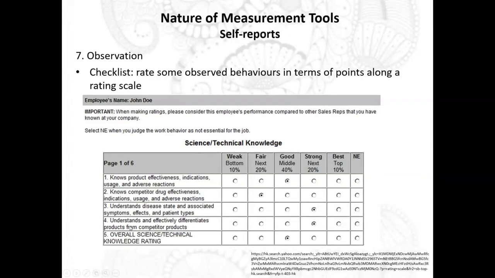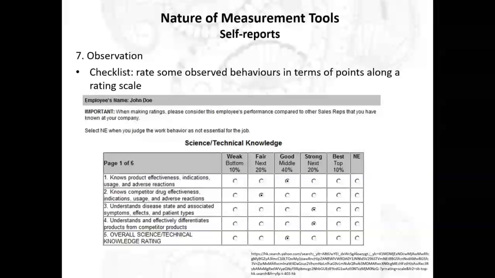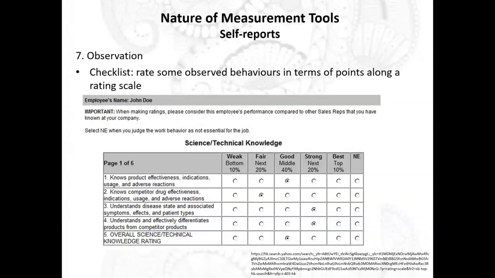There are some items here, and a Likert scale was used to rate the performance on each item. So the observation approach is not only used in research, but we use it every day, especially for evaluating the performance of your employees.